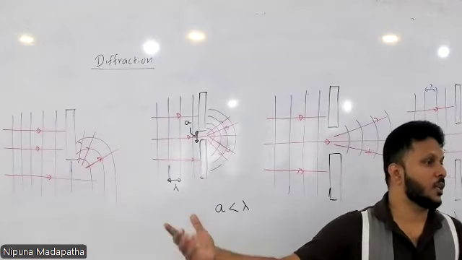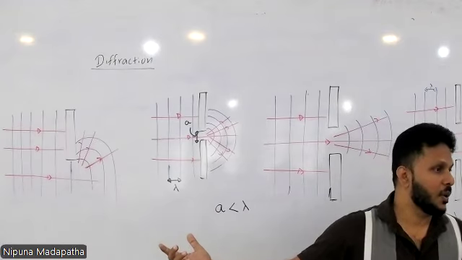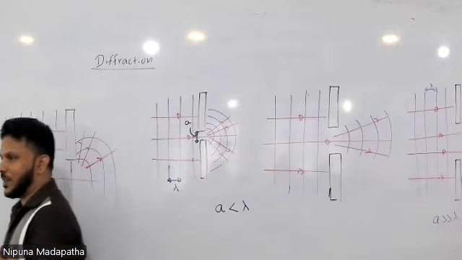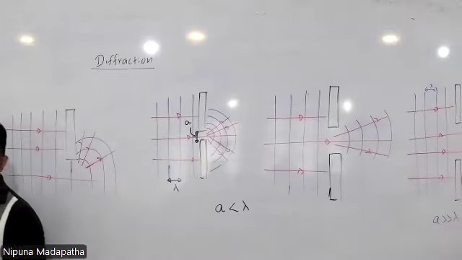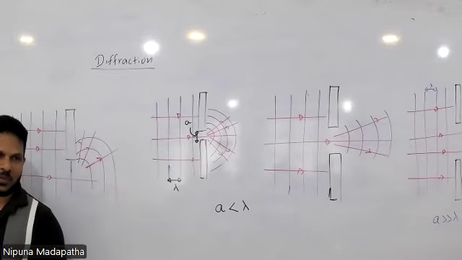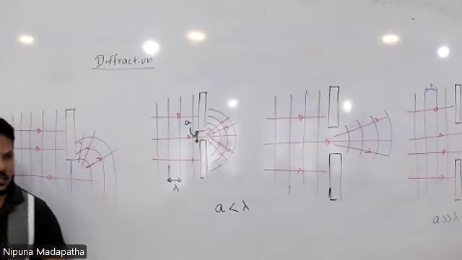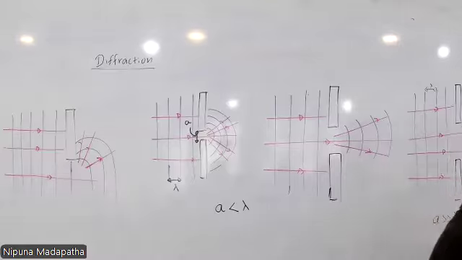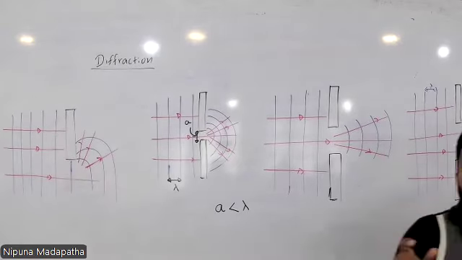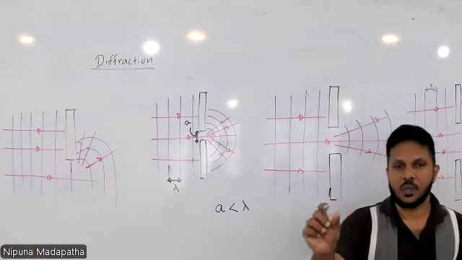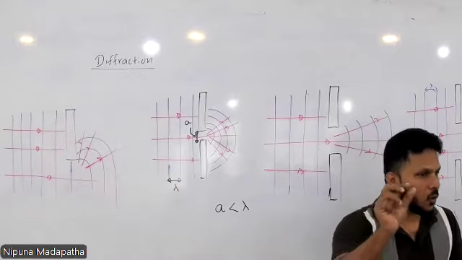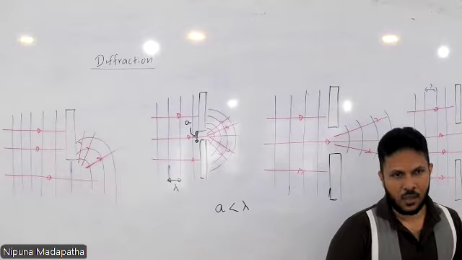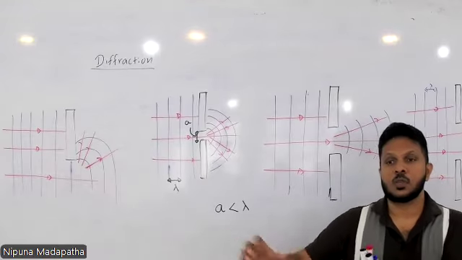Right? What about light waves? Light waves diffract only from very small gaps. To diffract light, we need gaps on the scale of micrometers or millimeters, using gratings. We can see diffraction patterns of light using gratings.